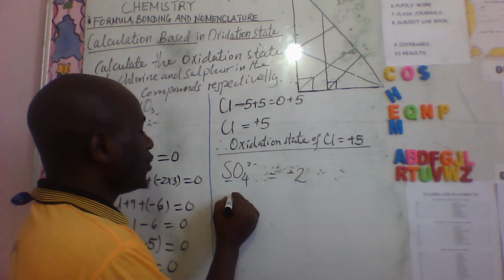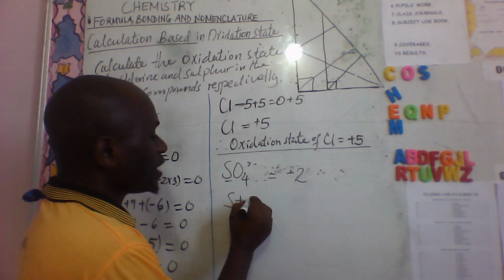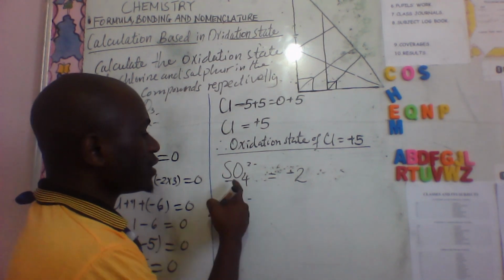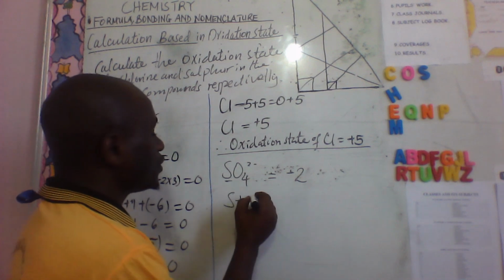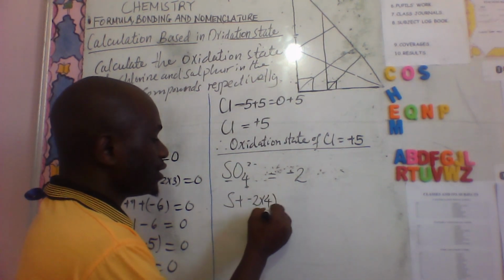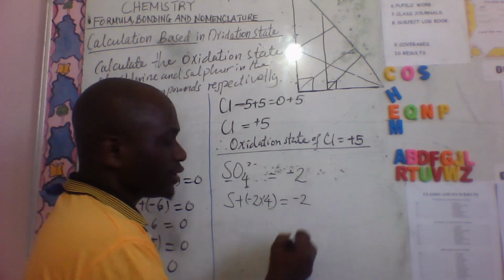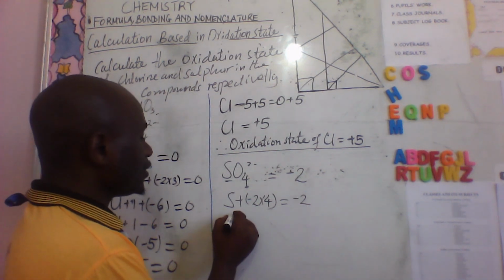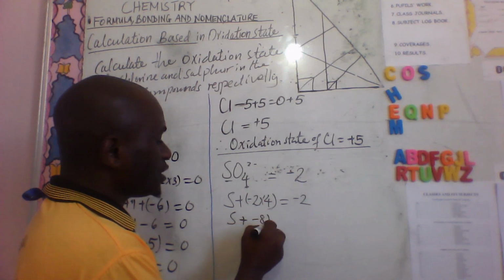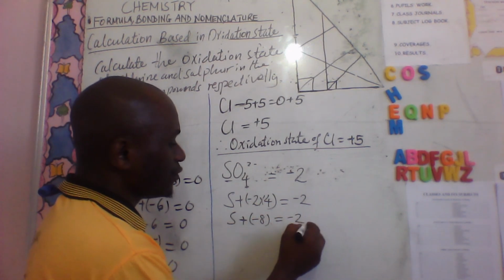So here we'll take sulfur plus the charge of oxygen, which is -2. -2 times how many oxygen do we have? 4 oxygen, is equal to -2. So here we have sulfur plus -8 is equal to -2.